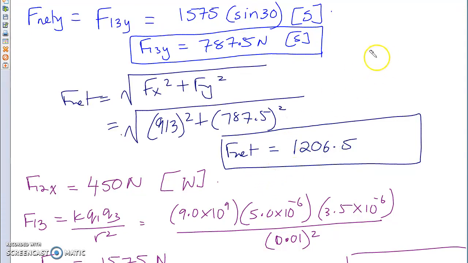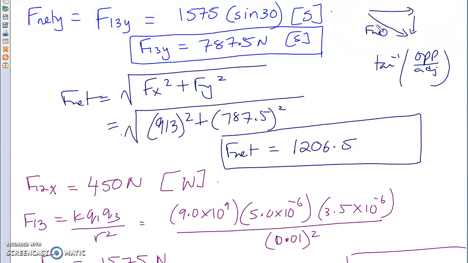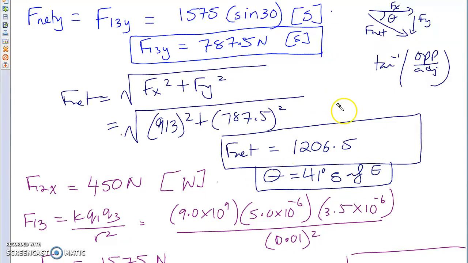And what direction? What is my theta? Tan inverse, of course, opposite over adjacent. And your diagram is going to look like this, east and south. This is going to be your F net. This is F x. This is F y. Okay, so it's F y divided by F x. And what is your theta? How many degrees? 41 degrees south of east. Are we okay with this?